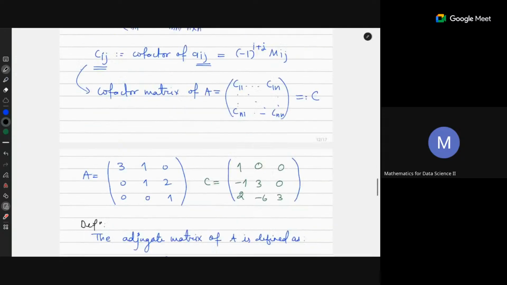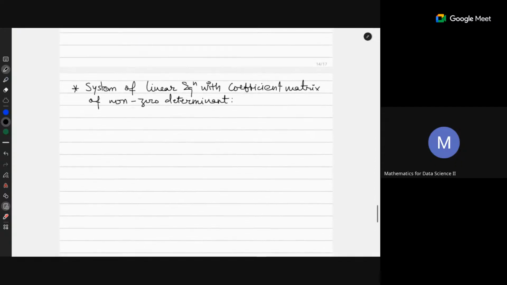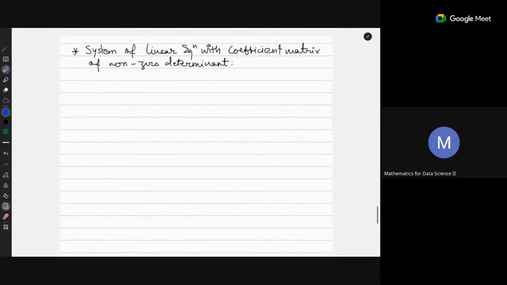All right. Now let me write down this thing in generality. In particular, you have a system of equations with a coefficient matrix of non-zero determinant. So let's say you have this system of equations: a11 x1 up to a1n xn equal to b1, a21 x1 plus a22 x2 up to a2n xn is equal to b2, and so on.